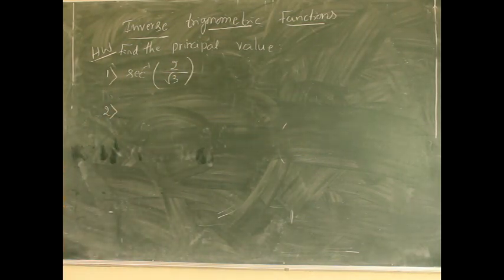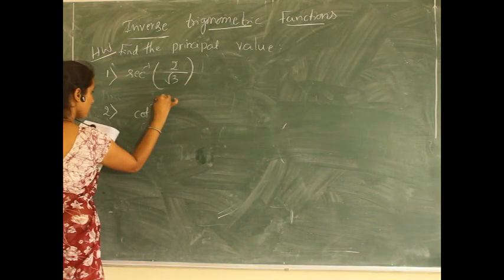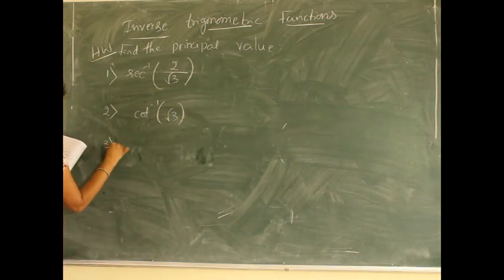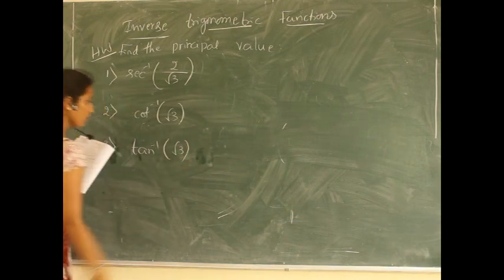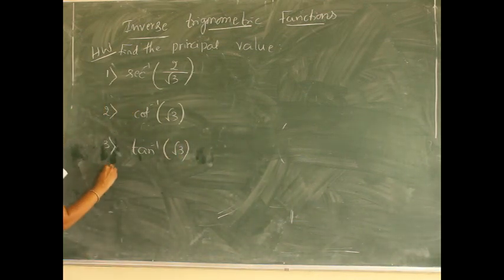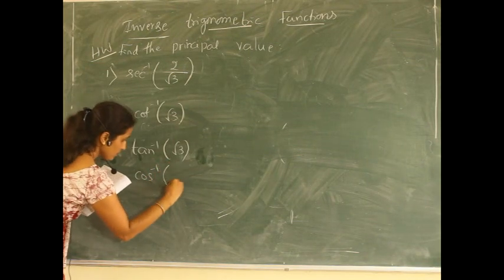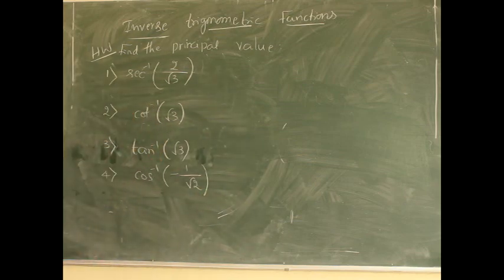Next one, cot inverse of root 3. Tan inverse of root 3. Cos inverse of minus 1 by root 2.